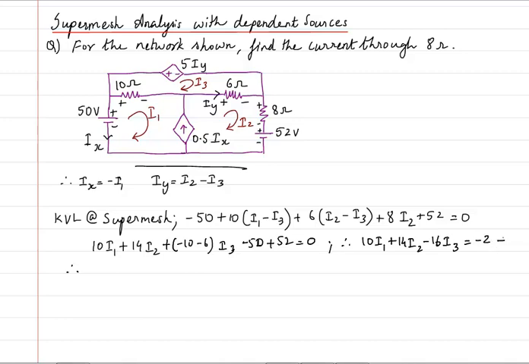So this is going to be my first equation. Okay, now two meshes are over here. Which two meshes? The first mesh and the second mesh I have already completed.